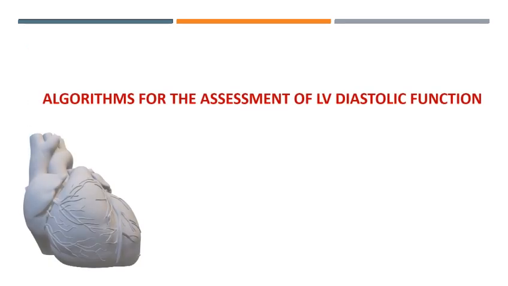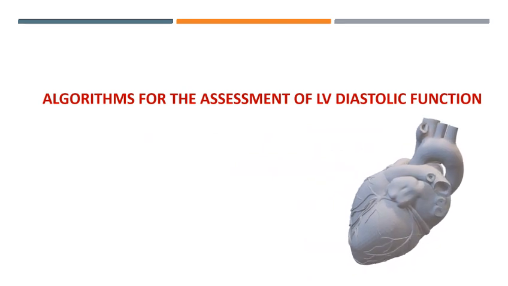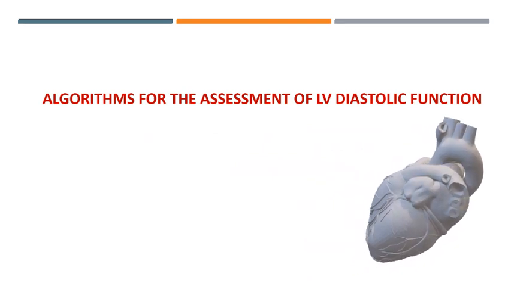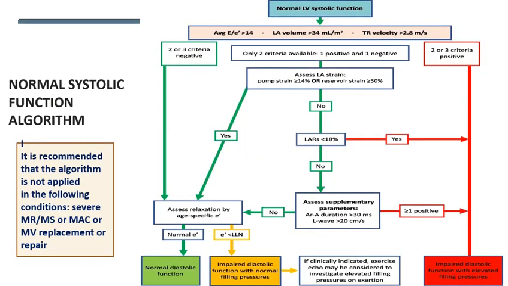Algorithms were established to simplify the assessment of left ventricular diastolic function. For patients with normal systolic function, the assessment centers on three key variables: E/e prime more than 14, tricuspid regurgitation velocity more than 2.8 meters per second, and indexed left atrial volume more than 34 milliliters per square meter.